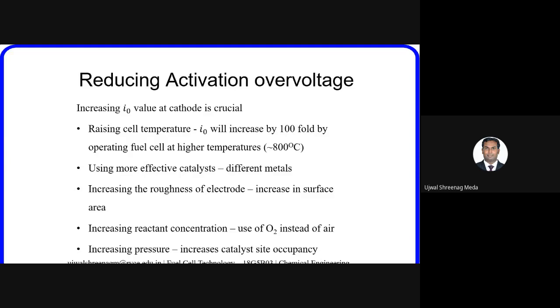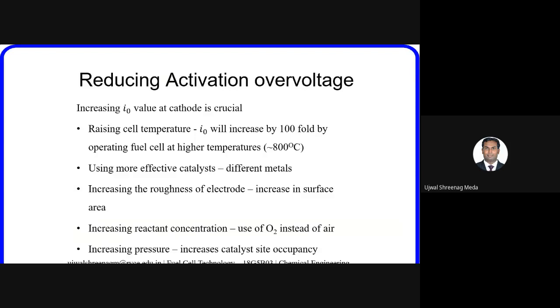We know that there are many alternatives to fuel as well as oxidant. When it comes to fuel, if it is generated by steam reforming, the product stream that comes out will have many other gases along with hydrogen.